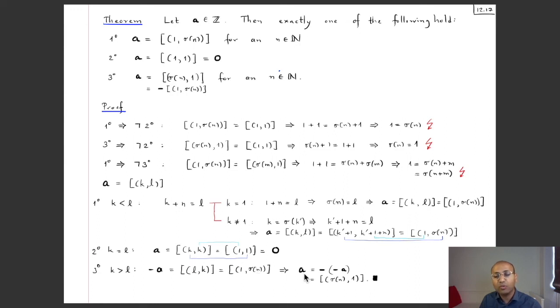Okay, and so we have got that A is minus of minus A, right? Because if I swap these two, then I get back the A. And so A is equal to minus of minus A, and that is the thing that you obtain when you swap this thing, because this is what minus A is. So this is the equivalence class containing (sigma n, 1). So this completes the proof of this theorem.